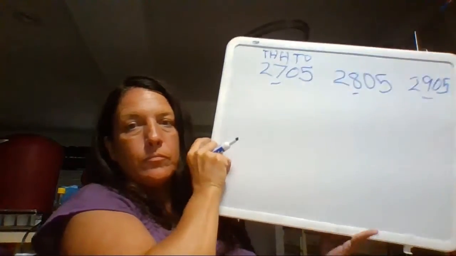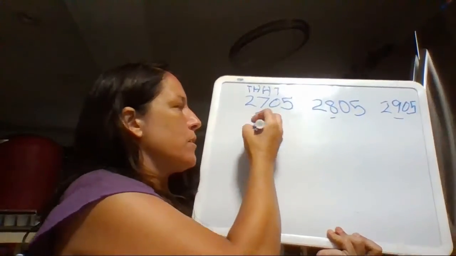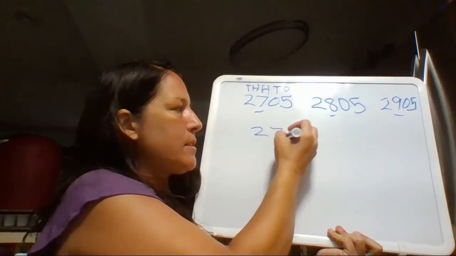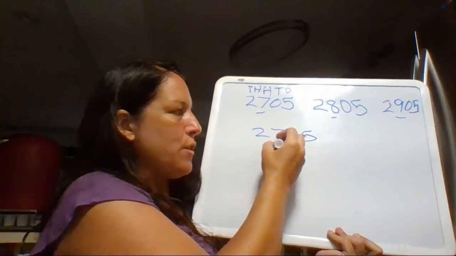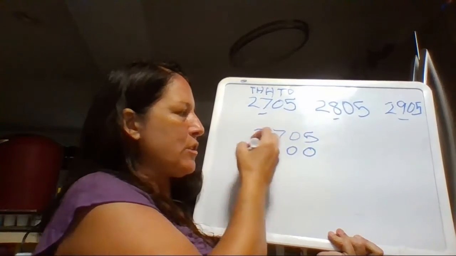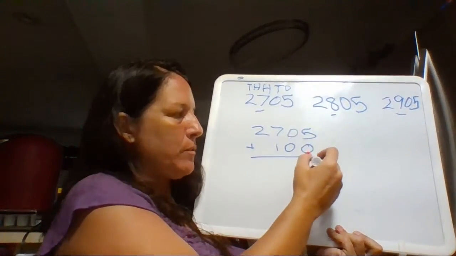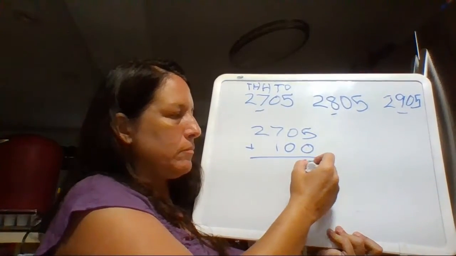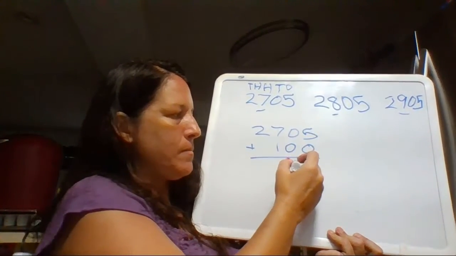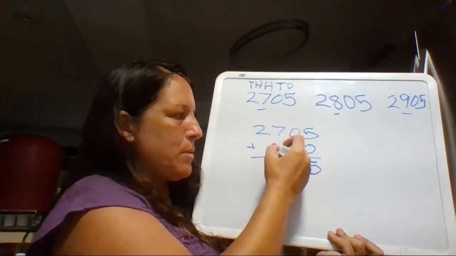So if you start with 2,705 and you go up by 100, which is the same as adding 100, what's 5 plus 0? What's 0 plus 0? What's 7 plus 1?